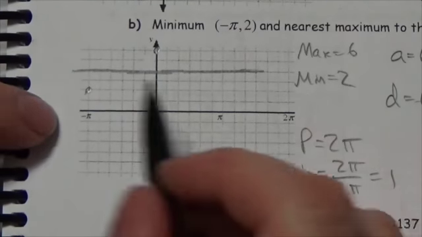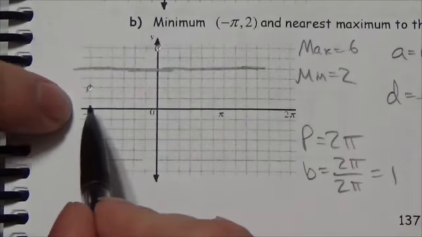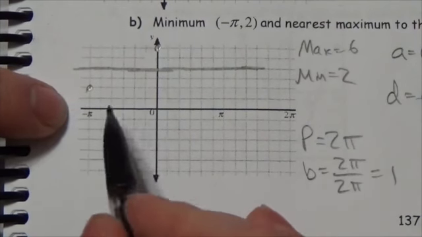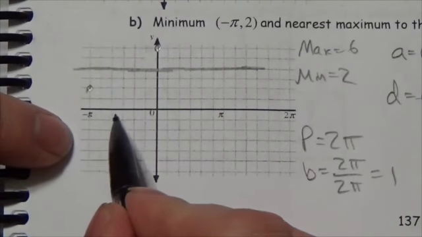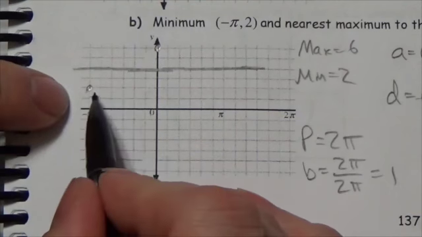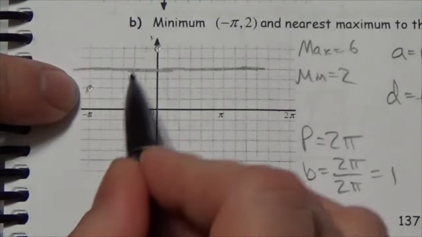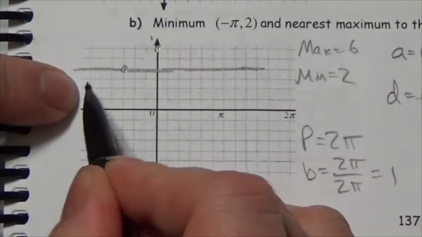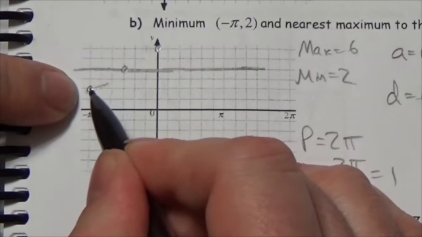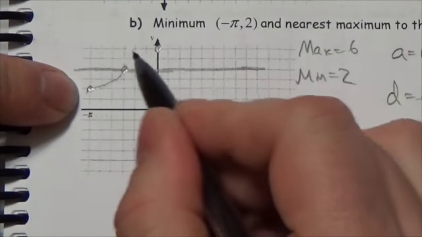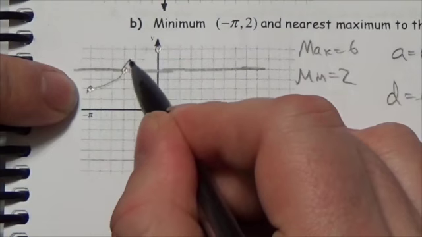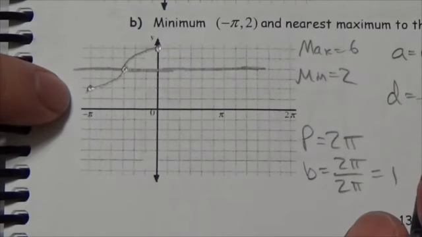Okay, good. Now additionally, from negative pi to 0, how many blocks do I have here? 1, 2, 3, 4, 5, 6. I've got 6 blocks. So in 3 blocks, or halfway there, I'm going to go from the bottom to the middle, and then from the middle to the top is going to take me another 3 blocks.